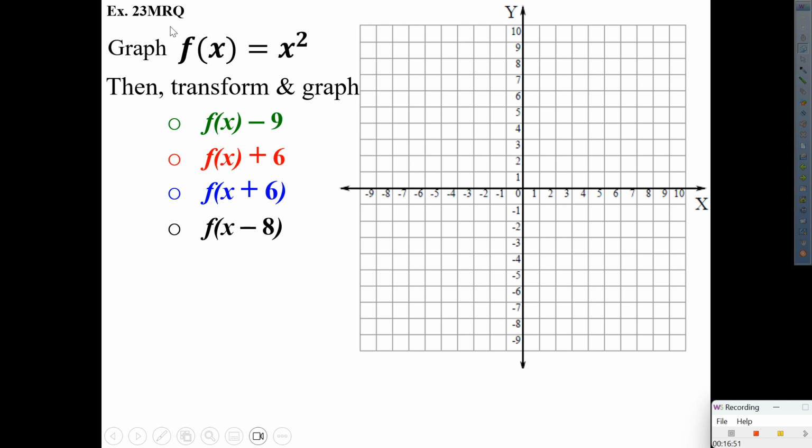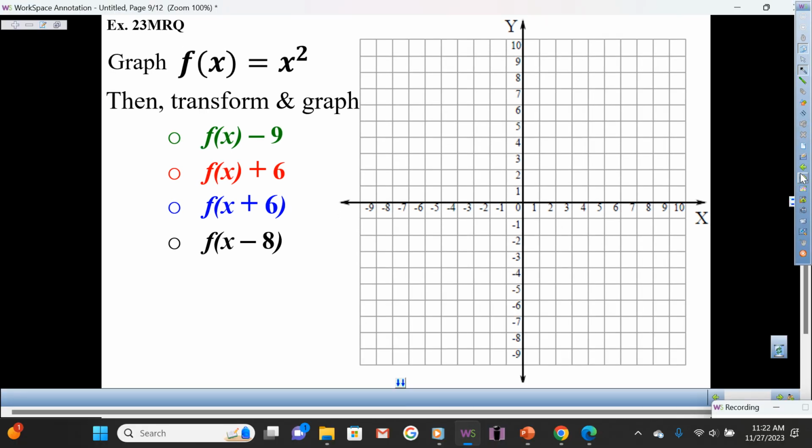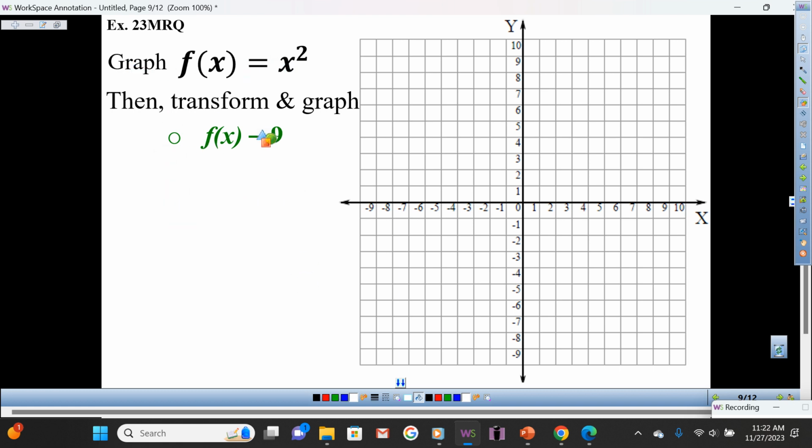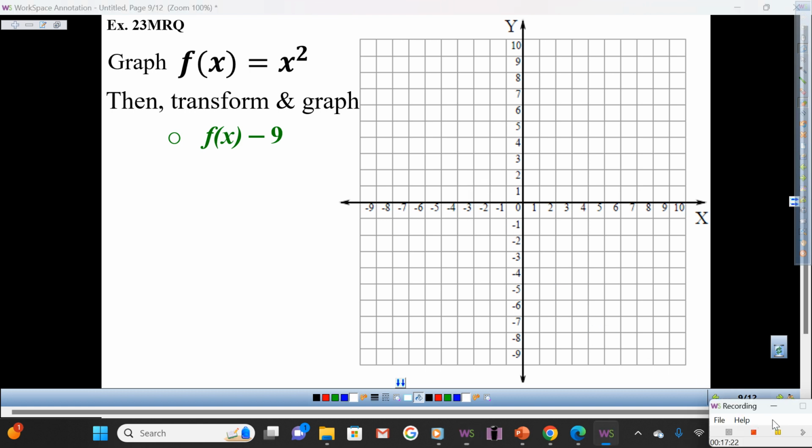Copy example 23, Mr. Q, at the top left, and write graph f of x equals x squared. And right now I'm going to cover these up, copy that, and that so far. We're going to do that together. I'll give you some time. Go.